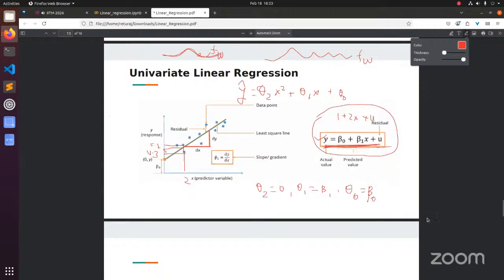Were you able to see what I am trying to say? If I can really learn this function properly, I want to figure out the underlying function that generated these data points. Then, if my model learns really well, it should figure out these values: theta 2 equal to 0, theta 1 equal to beta 1, and theta naught equal to beta naught. And then it will be able to generate this line.